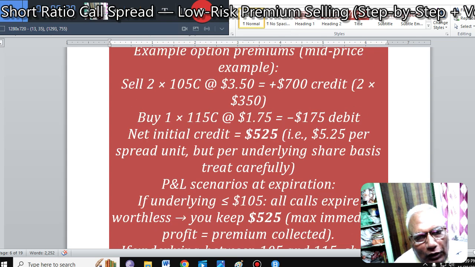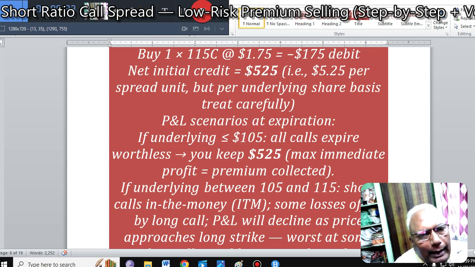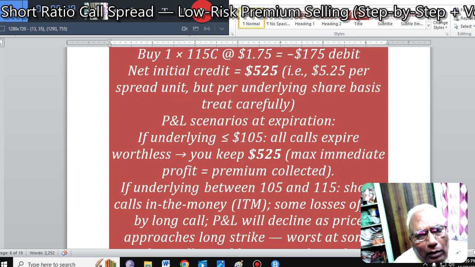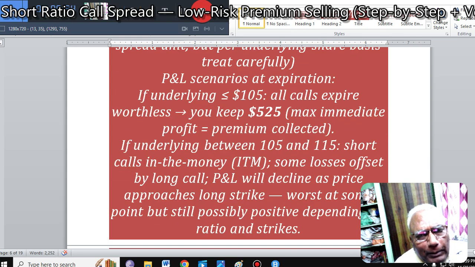Treat P and L scenarios at expiration carefully. If the underlying is at or below 105, all calls expire worthless and you keep the $525 maximum immediate profit, the premium collected.